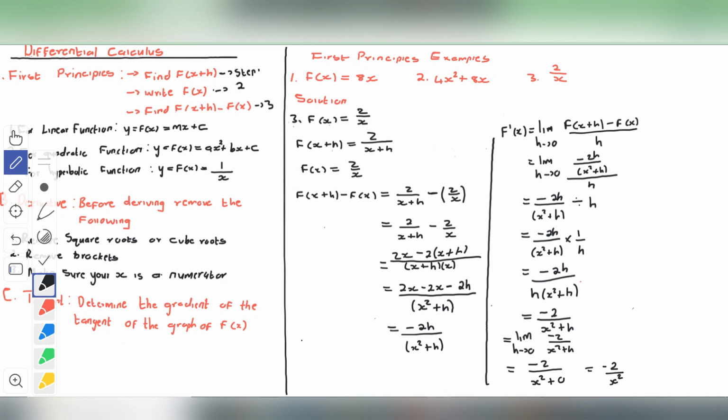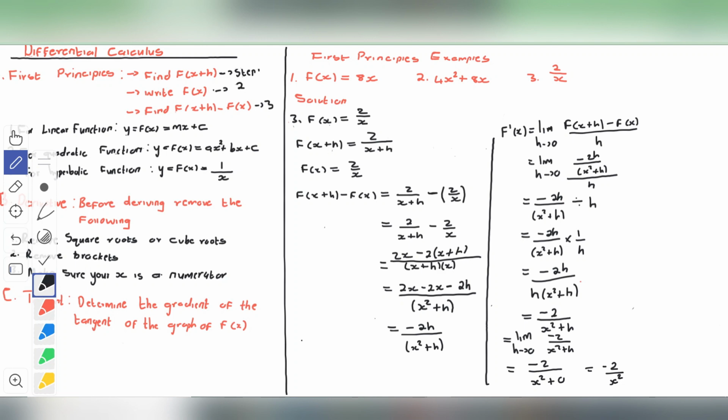So, like I said, guys, always make sure you write the limit of h approaches 0, because I made a mistake here by not writing it. You must write it after writing the equation of the first principle, and keep it until you substitute, right?